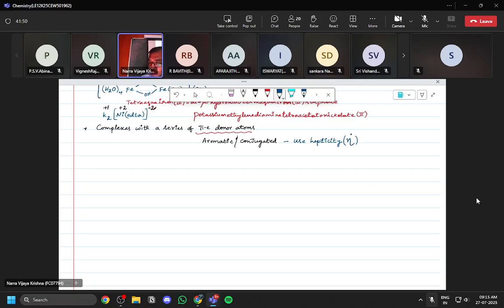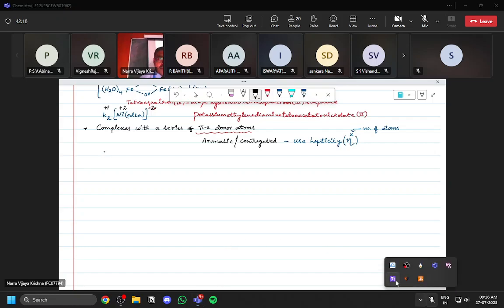For example, if I write 2, it represents 2 series of atoms. If I write 5 here, this X represents the number of atoms in series. For example, see the name of this complex. We call it Zeise's salt, I think.